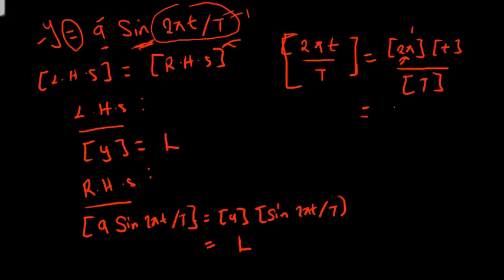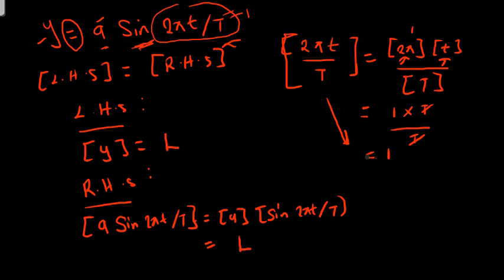So you have dimensions of 2 pi as 1, and dimensions of t, which is just the time, will just be capital letter T divided by the dimensions of the period, which will just be T, where this cancels out with that. So dimensions of this argument are equal to 1.